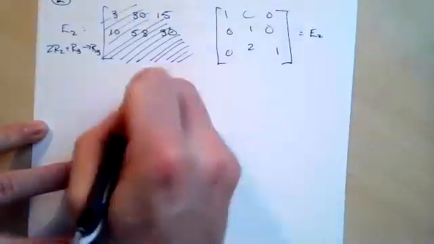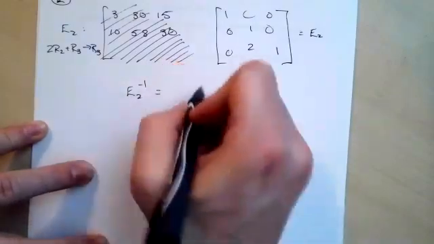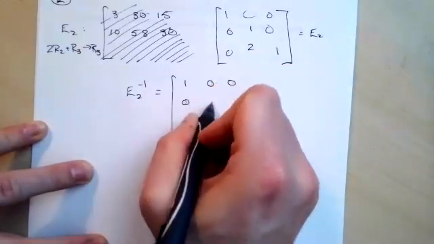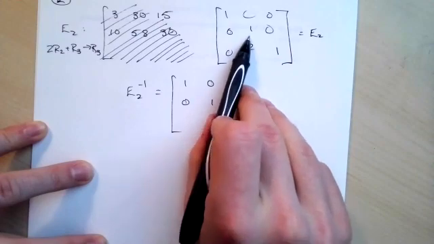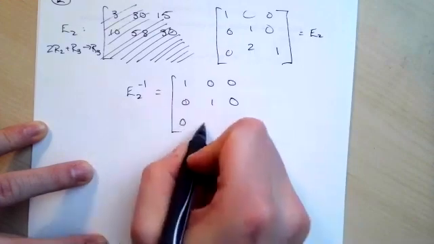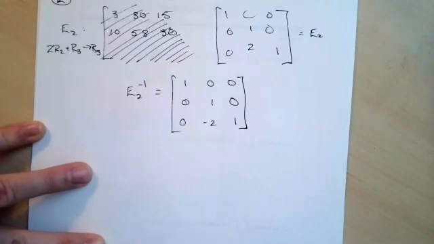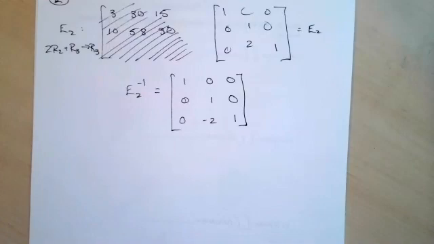And then we want to find E2 inverse. If we added 2 times row 2 to row 3, to undo that, we add negative 2 times row 2 to row 3. So that we have both of those operations done in tandem, we will have 0 copies of row 2 added to row 3, and it won't do anything.